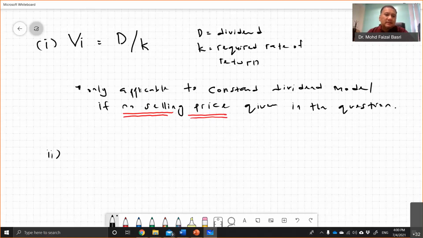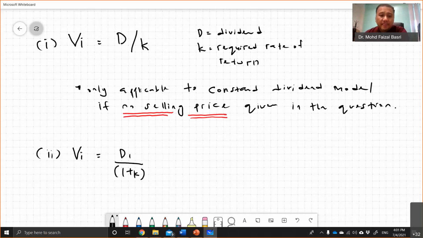But most of the time, for constant dividend and inconstant dividend, you're going to use this formula instead, and this must have the selling price. The intrinsic value is D1 divided by 1 plus K, where K is the required rate of return and D1 means the dividend for the first year.